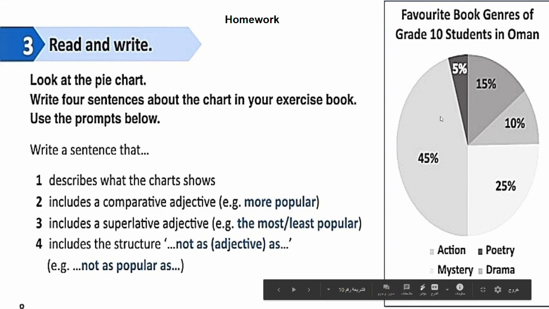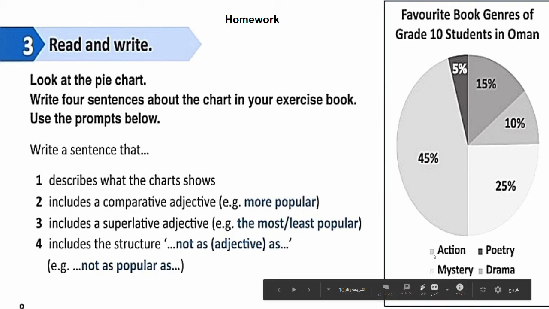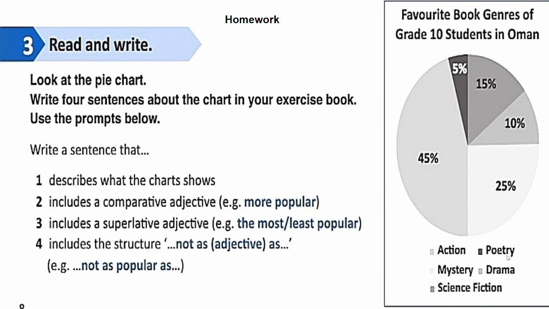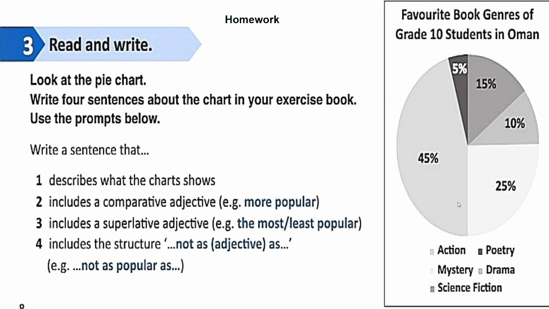So here, this is the pie chart about favorite book genres of grade 10 students in Oman. We have action, poetry, mystery, drama, also science fiction.